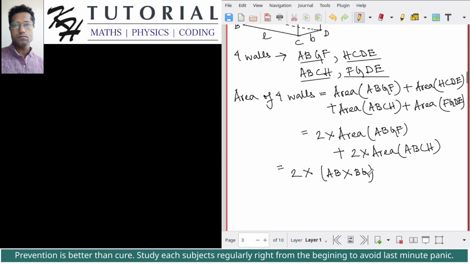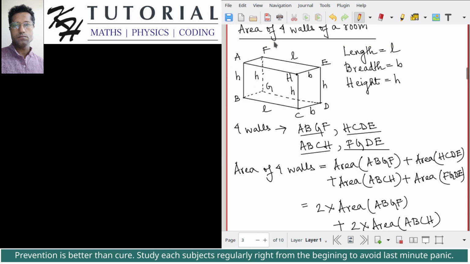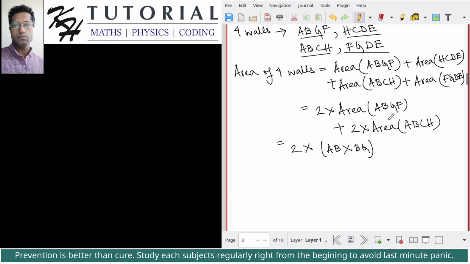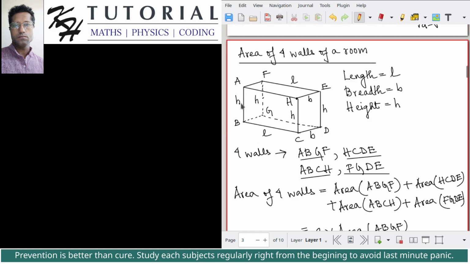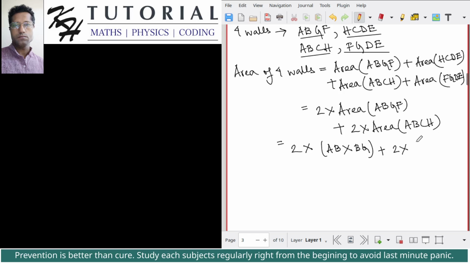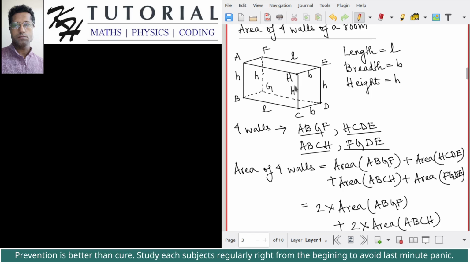If you see the rectangle ABGF, its dimensions, length and breadth, are AB and BG. And then we have 2 into, what will be the area of rectangle ABCH? I can say it will be AB into BC. In the rectangle ABCH, the length and breadth you can consider as the sides AB and BC.